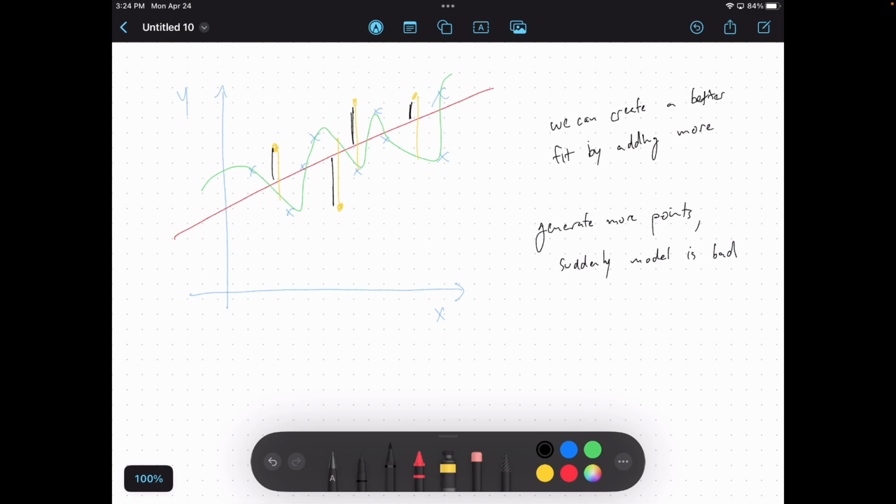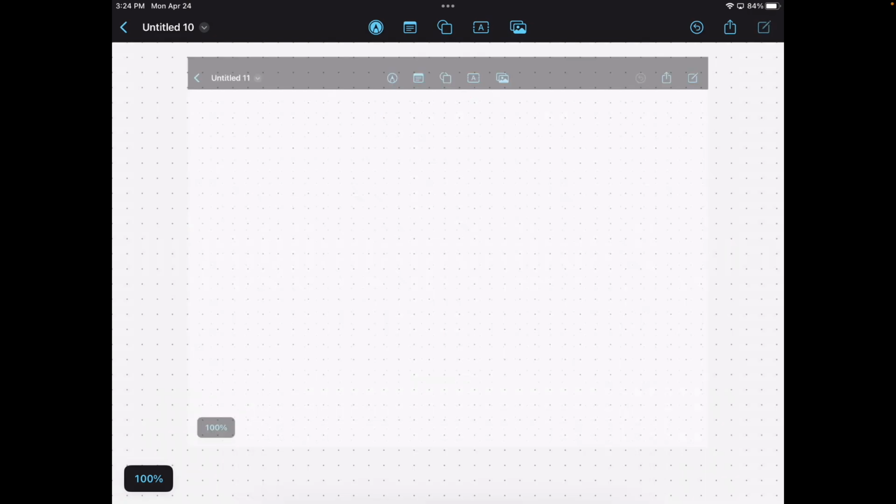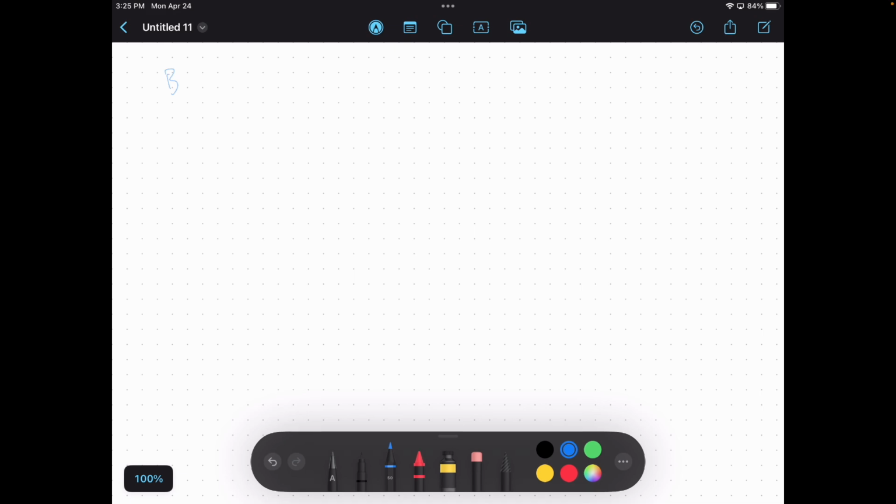That has to do with an understanding of where error comes from. The error refers to the difference between my prediction and where the point actually is. And so this is where we're going to talk about something known as the bias variance trade-off.